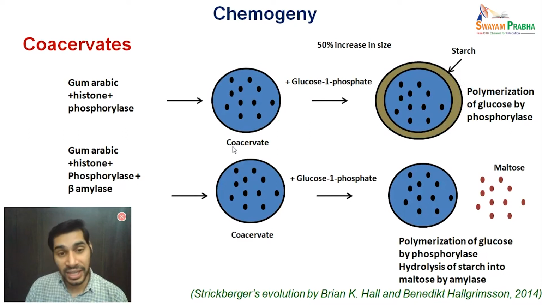Now in the second stage, if you take gum arabic, histone, phosphorylase and an additional enzyme here which is beta amylase, the coacervate that forms, if you incorporate glucose 1-phosphate again, obviously it forms this starch boundary, starch molecule there, but because of your amylase addition here, it hydrolyzes this starch into maltose.